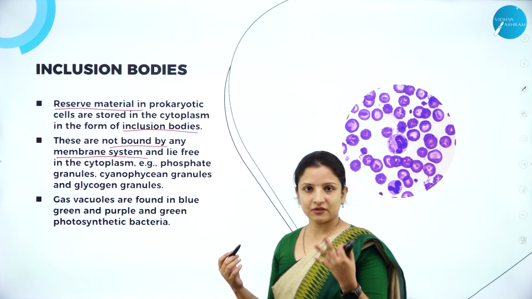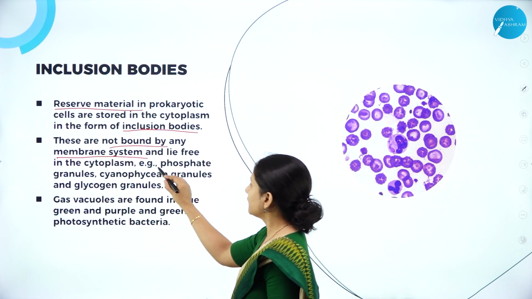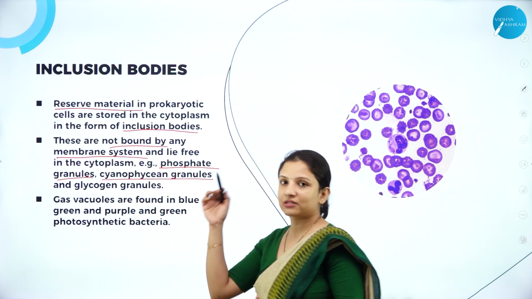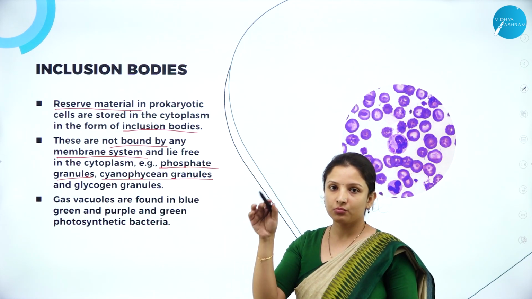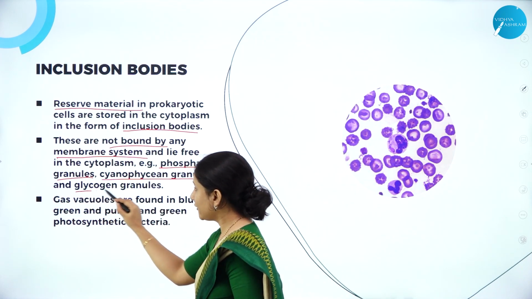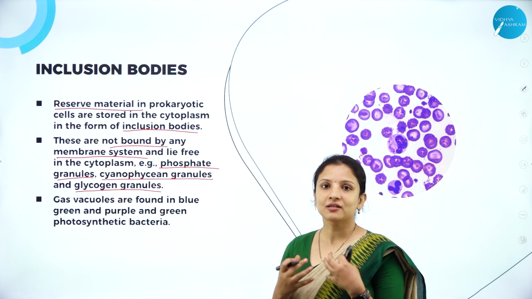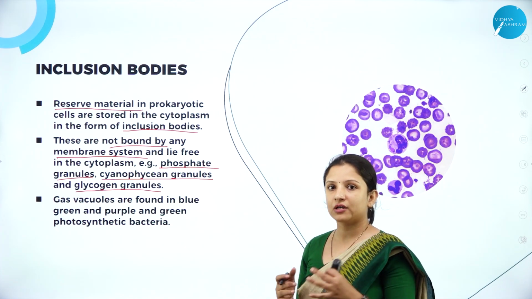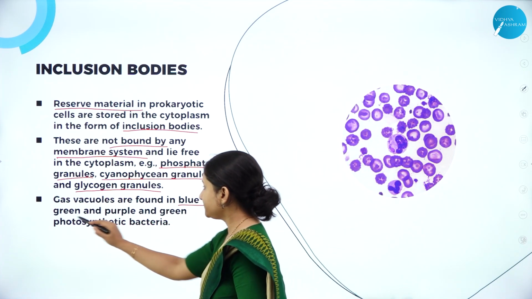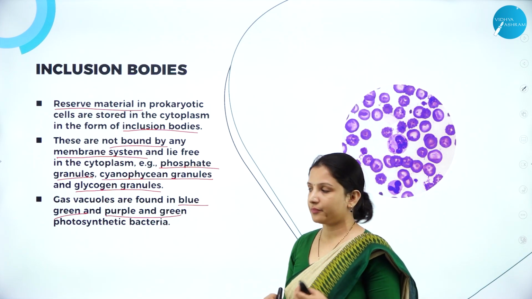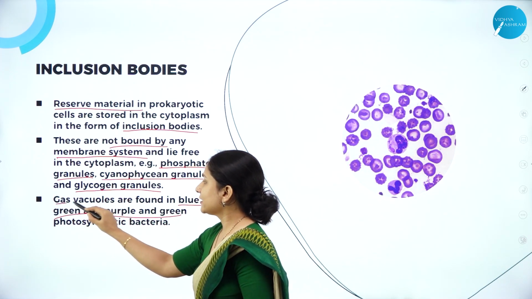For example, there are different inclusion bodies: phosphate granules, cyanophycin granules in cyanobacteria, and glycogen granules. All these are reserve materials in the bacteria. And in some of the bacteria, for example the blue-green, purple and green bacteria, which are the photosynthetic bacteria, they contain gas vacuoles.